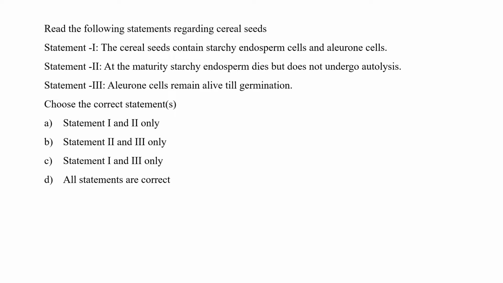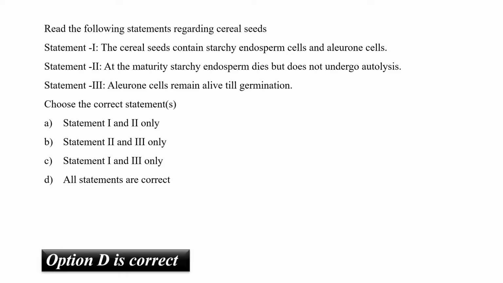Aleurone cells instead remain alive throughout endosperm development, but they die and disassemble as a result of activation of a specific autolytic program during germination. Hydrolases released by dying aleurone cells help digest and remobilize the storage compounds in starchy endosperm to support the seedling development. So, in the given statements here, all these statements are correct. So, our option number D is the right answer.